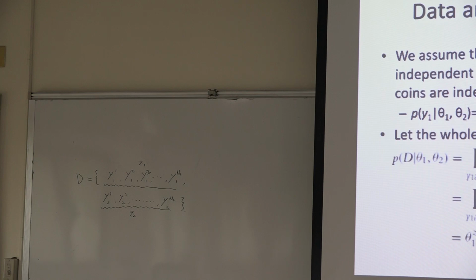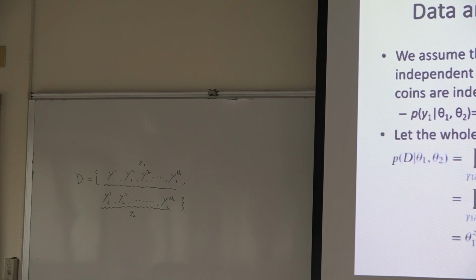In the sequence of the first coin, there are totally N1 flips and Z1 heads. In the sequence of the second coin, there are totally N2 flips and Z2 heads. Once we say that, this thing can be written as this one, and this one.